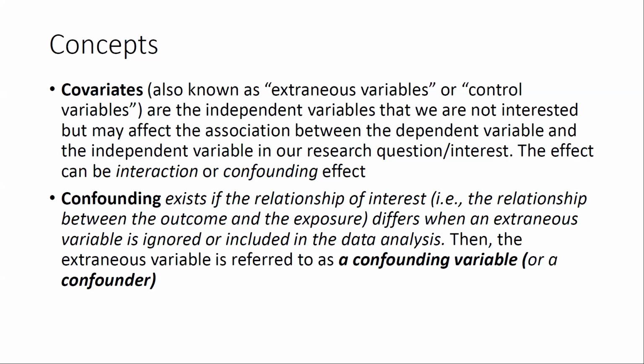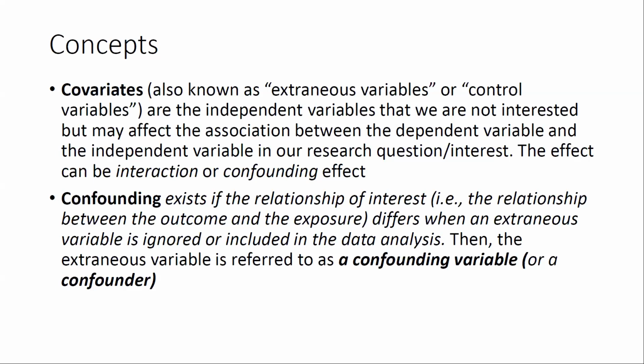So first of all, confounding is an epidemiology concept. Confounding exists if the relationship of interest, usually the relationship between the outcome and the exposure variable, differs. Exposure is defined as the predictor variable of scientific interest. You may have multiple predictor variables in your data set, but you can only have one predictor variable of main research interest, and this is called exposure.